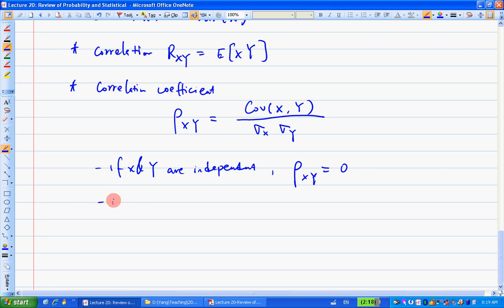And if X and Y are in a linear relationship, let's say Y equals kX, where X is capital, then k could be +1 or -1 here. So rho_XY will equal positive or negative 1.